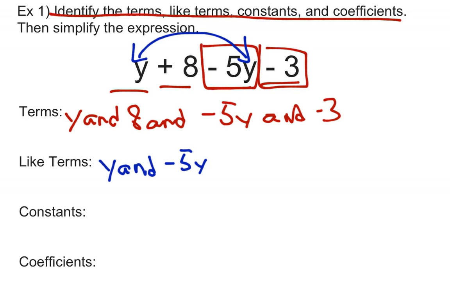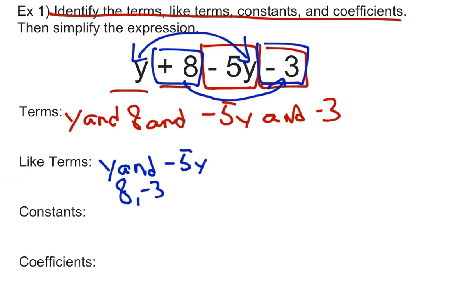And then also I have these other two things, which are just the regular old numbers, the plus 8 and the minus 3. So we have the positive 8 and the negative 3 go together. And somehow I have to separate that, so that's why I put those two things together, and then below it I put the other ones. I don't want to say that they're all like terms. I'm just saying that the y and the negative 5y go together, the 8 and the negative 3 go together.